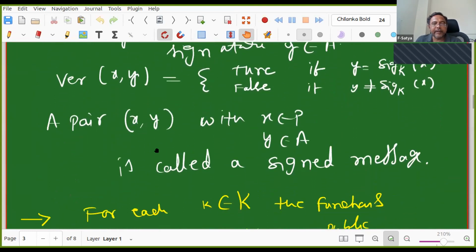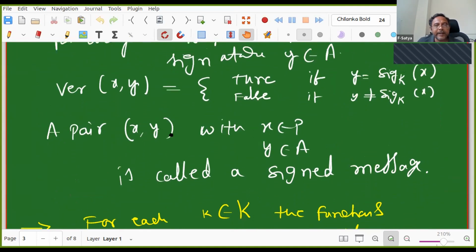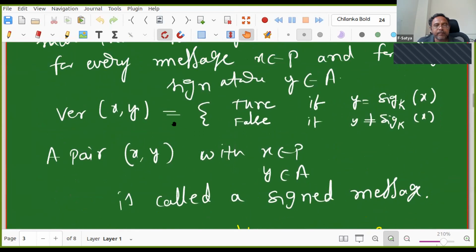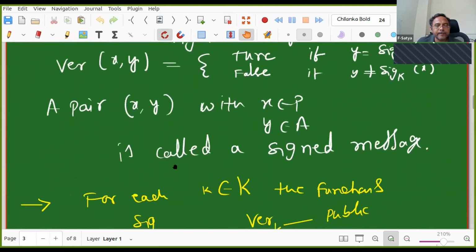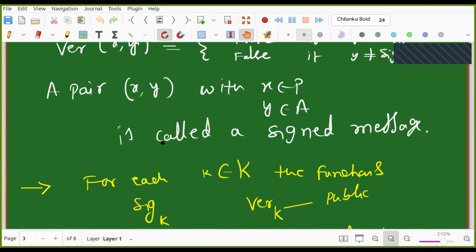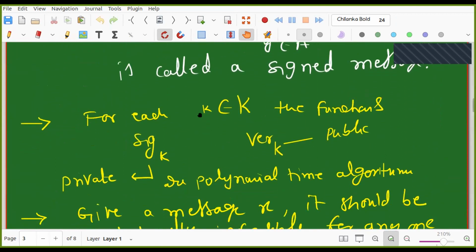This entire ordered pair is called a signed message. Is it clear? Any questions till now? Rutuja, are you clear? Yes, sir. Okay, good.